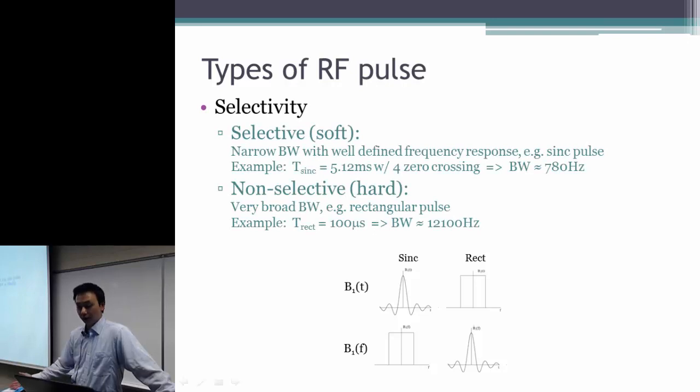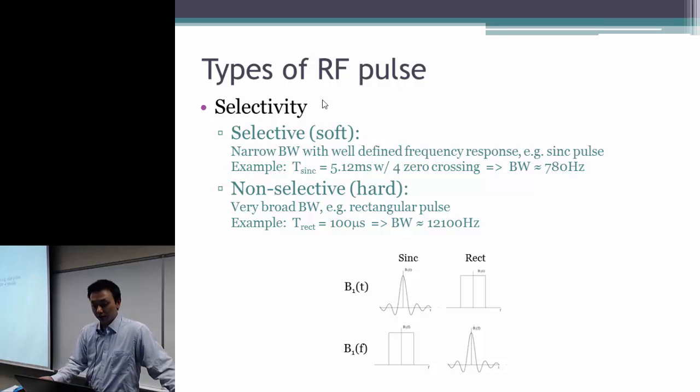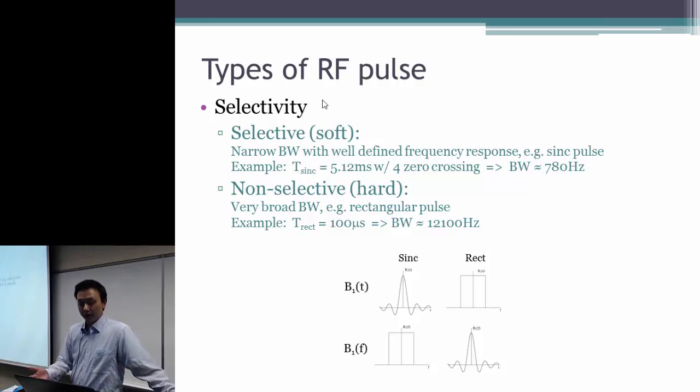If we look at the selectivity of the RF pulse, it can be divided into selective or non-selective types. The selective pulse we usually also call a soft pulse, because it gives you a relatively narrow bandwidth and a very well-defined frequency response.